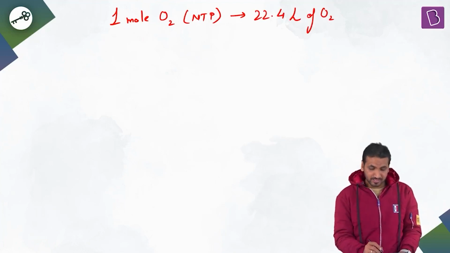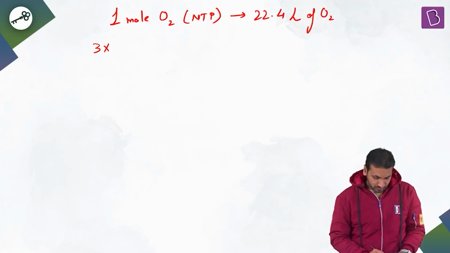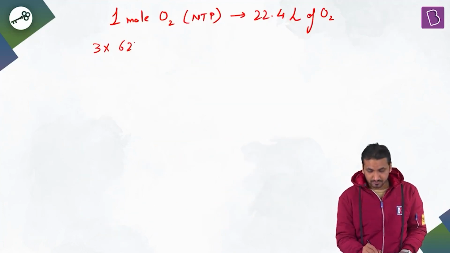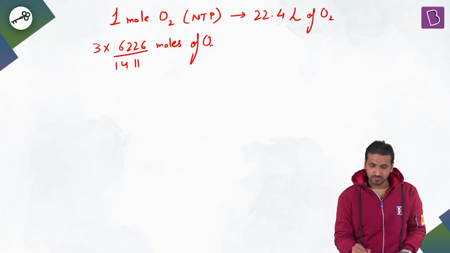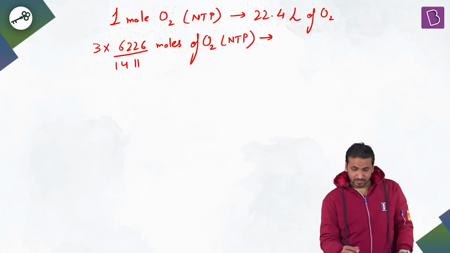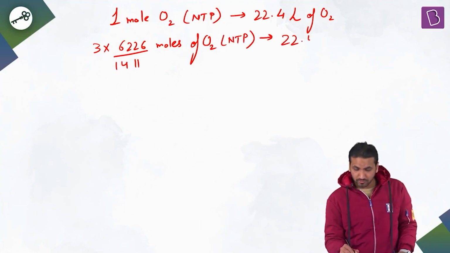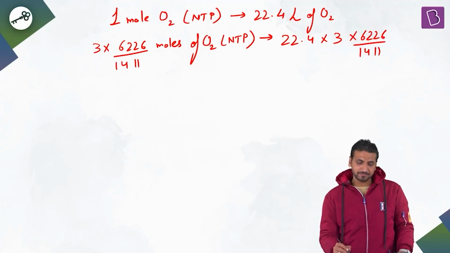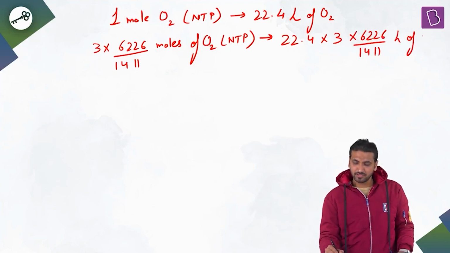And the moles that I have is 3 into 6226 upon 1411 moles of oxygen at NTP. Just by using the unitary method, I can calculate the volume. So it will be 22.4 into 3 into 6226 upon 1411. This is the liter of oxygen, right?